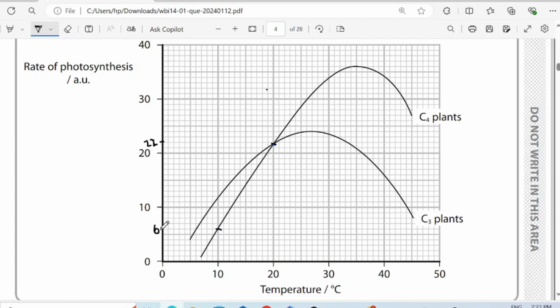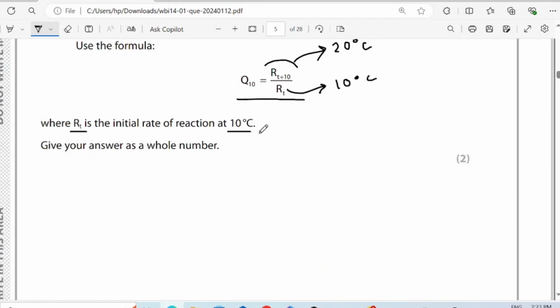I'm going to use these two values. Let me remind you that we are looking for the rate of reaction at 20 degrees Celsius and at 10 degrees Celsius. At 20, it was about 22, and at 10, it was about 6.